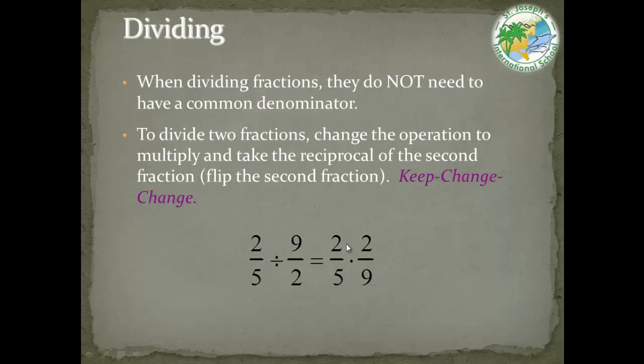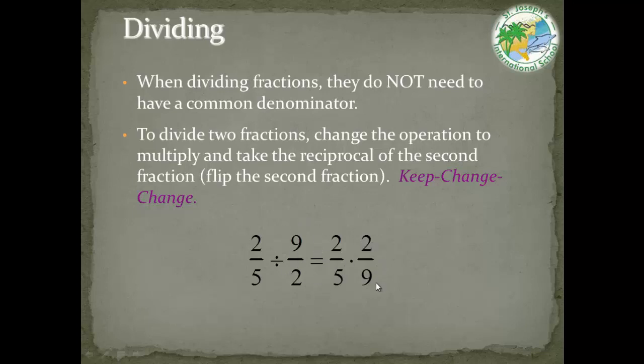Then the dividing operation changes into multiplication. Keep, change, change. The first fraction stays the same, we change divide into multiply, and we flip the second fraction, which equals 2 over 9.